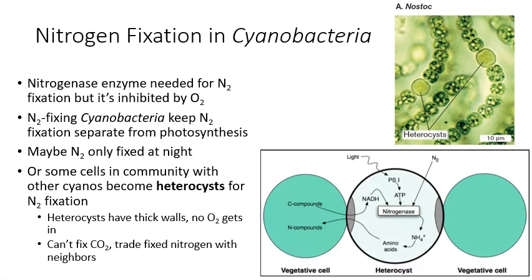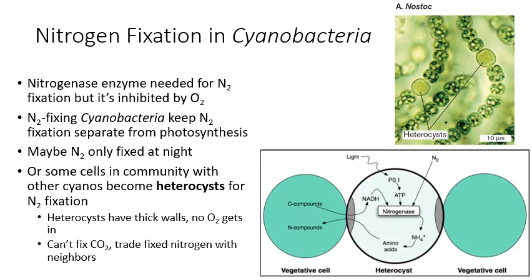The ones that fix nitrogen are going to need some type of a way to separate their oxygenic photosynthesis from their nitrogen fixation. Actually, nitrogenase is irreversibly inhibited by oxygen, which means that once oxygen binds to nitrogenase, it's not going to work and it will never work again. You're going to have to get rid of it and build a new one from scratch, which gets expensive.